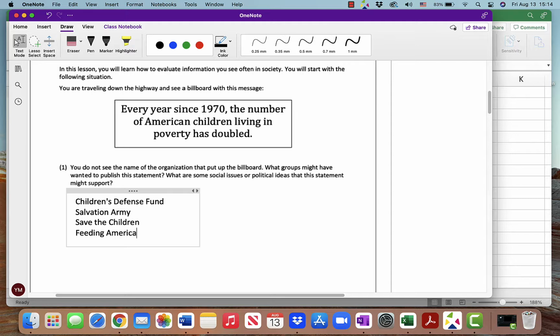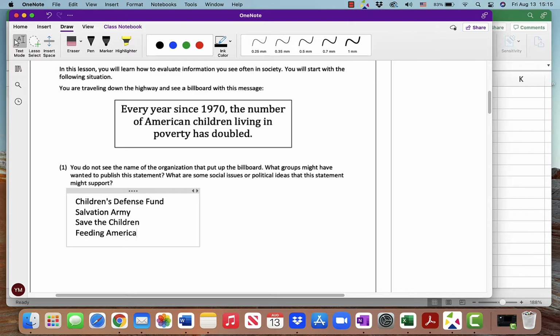One thing that I want you to note in this statement is that we are talking about American children, and we're talking about poverty in the United States. Even though the United States is the most prosperous nation on earth, poverty, hunger, homelessness are real.